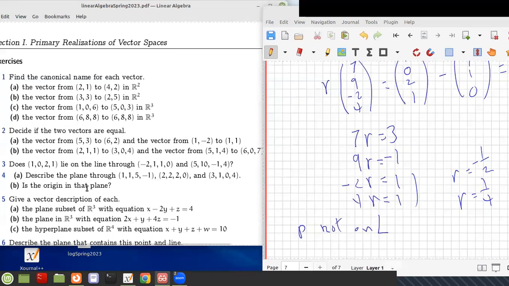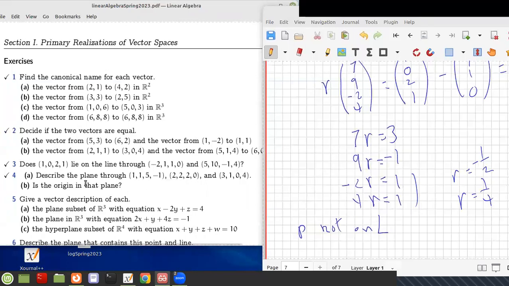Then here you can say, well, here's an interesting one. Describe the plane through these 4 points. Well, the answer to that is going to be a solution set to a linear system in 4 variables that has 2 directions, right?